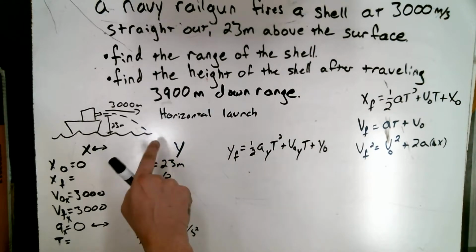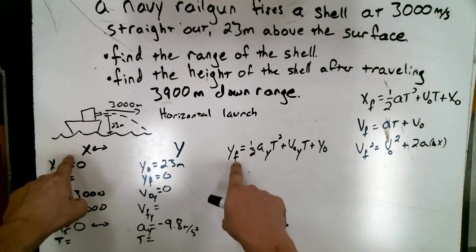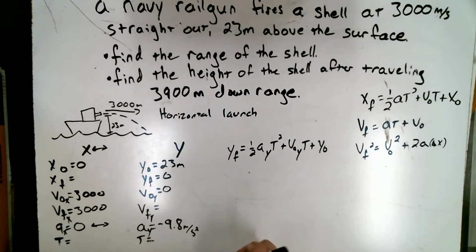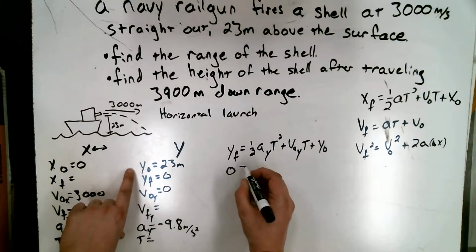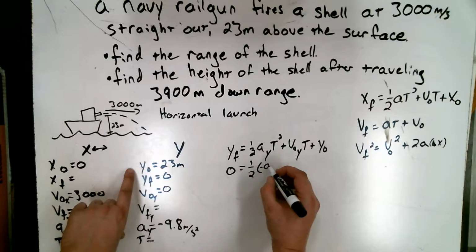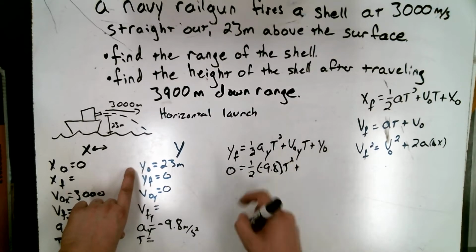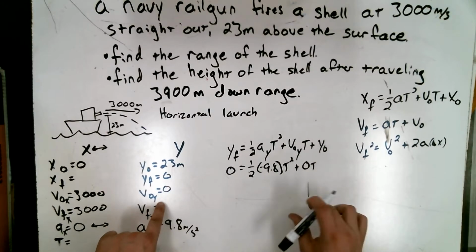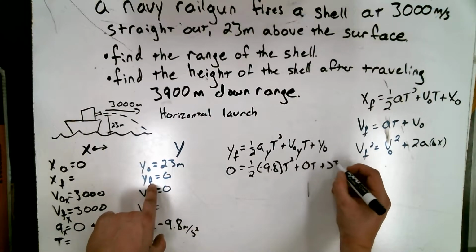All y's because I'm doing my vertical one first. The number one mistake is you grab horizontal stuff and put it into a vertical equation and you mix things up. Don't do that. All right, so y f is 0 equals 1/2 of negative 9.8 times time squared plus v naught, that is 0, times time, plus a y naught of 23.